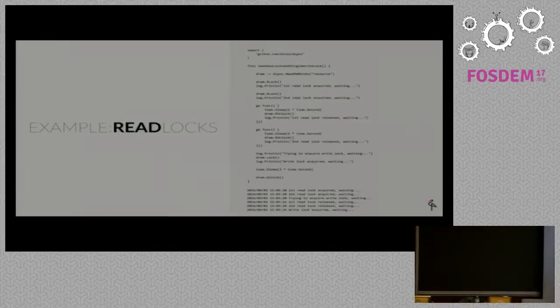And then here you try to acquire a write lock, and obviously the write lock can only be granted when both of the read locks that were earlier granted were released. So you can see here that it's acquiring read lock 1, read lock 2, and then it's trying to acquire the write lock, but it will block here until both the first read lock and the second read lock are released, and only then will it acquire the write lock.